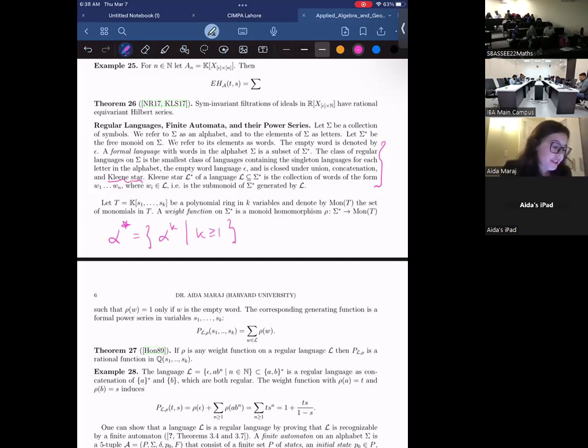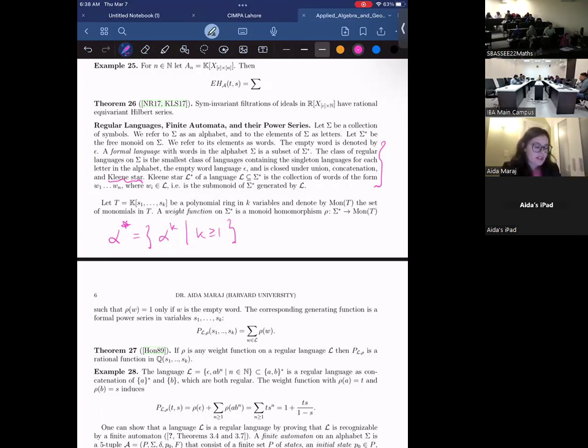Something about the regular languages is that they are outputs of finite automata, but they can also be constructed recursively in the following way. You start with the languages that contain only one letter; by definition, we call them regular. Then the concatenation of any regular languages is regular, the union of any two regular languages is regular, and this Kleene star is also regular.